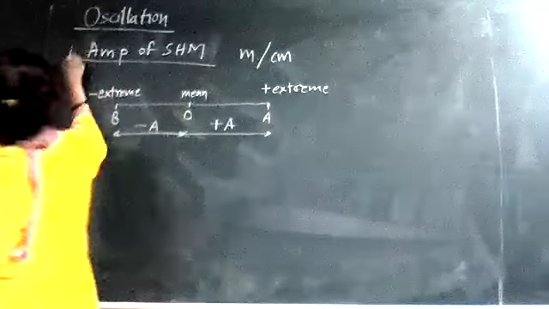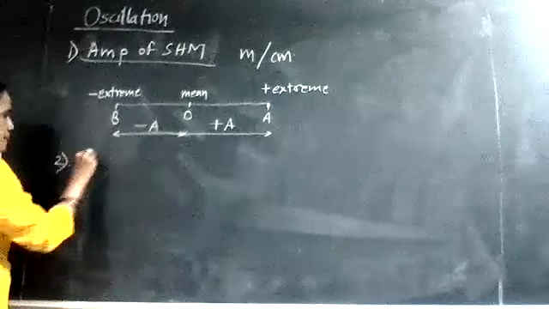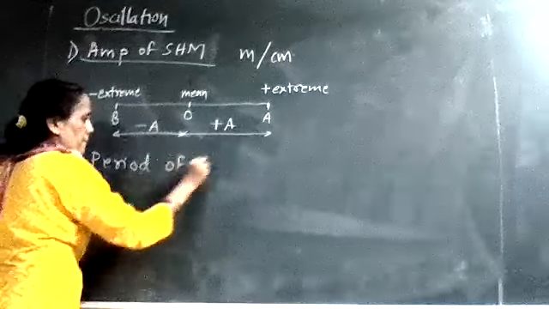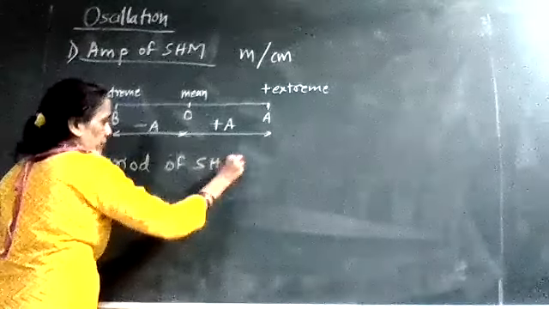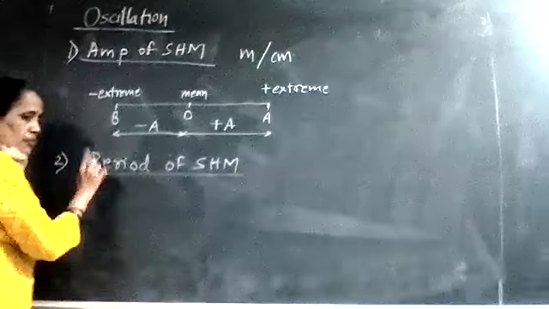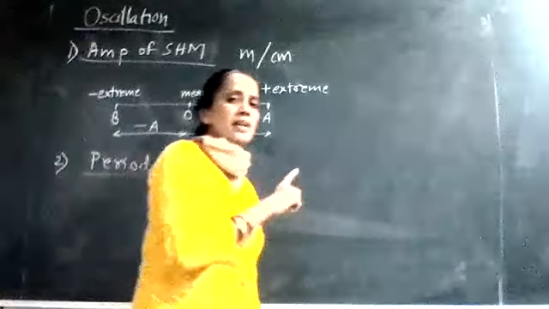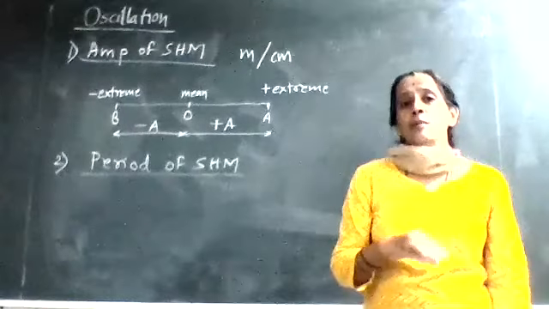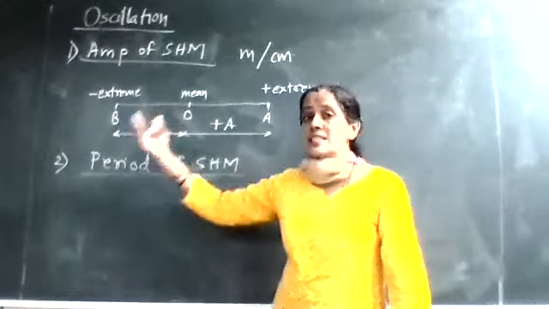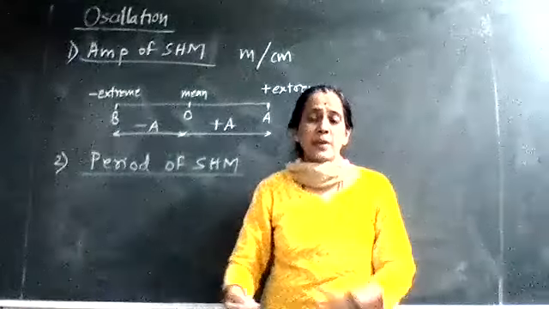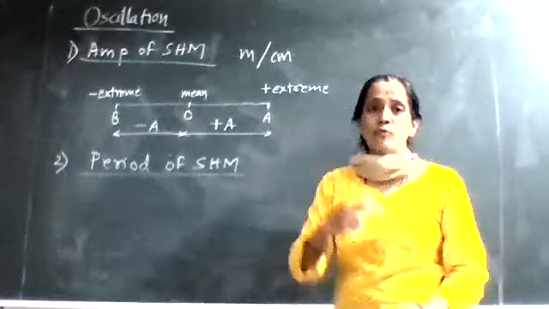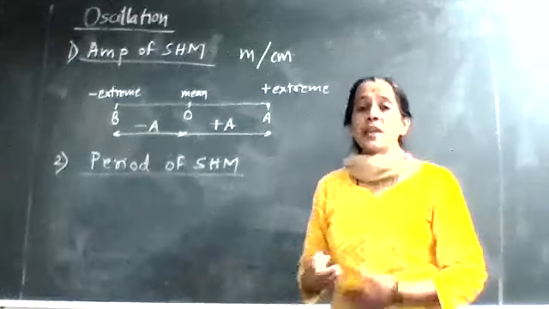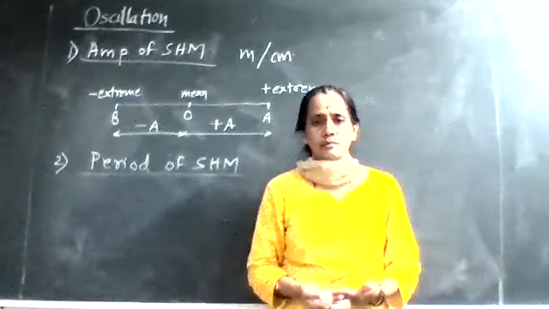The second term I can explain is the period, T. Now, this word period you have already seen in the previous standard, 11th standard. You have seen the period of a satellite, the period of a particle performing circular motion, or the period of a rotational motion.